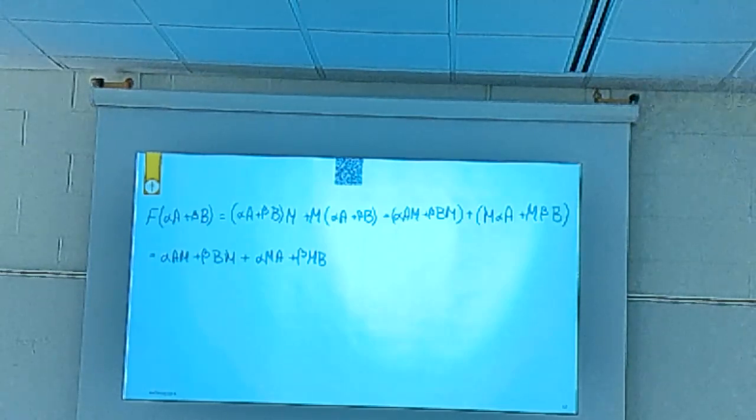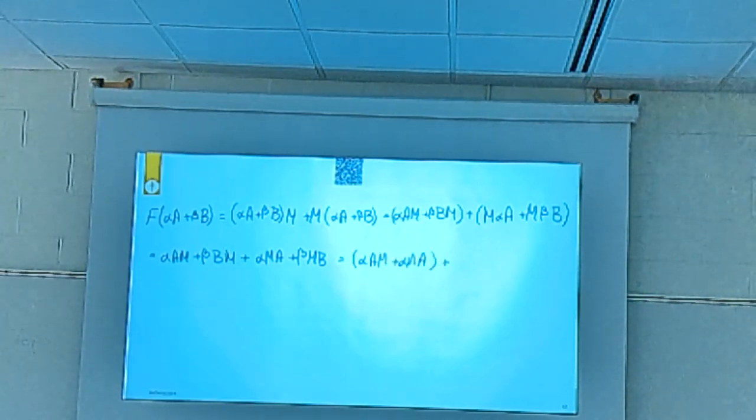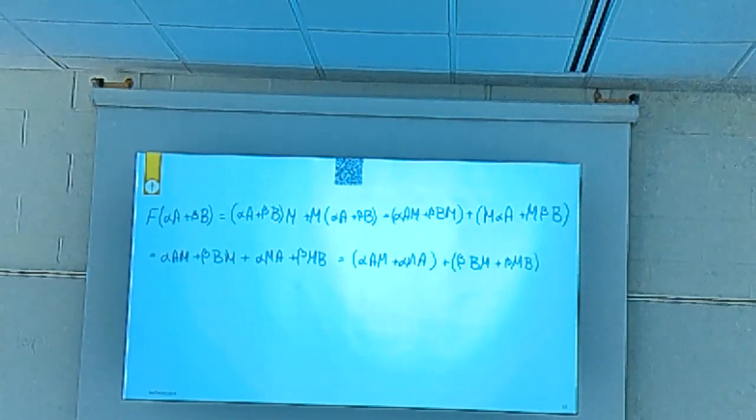And we just said that matrix addition is associative, grouping doesn't matter. It's commutative, order doesn't matter. So group your A's together, group your B's together.